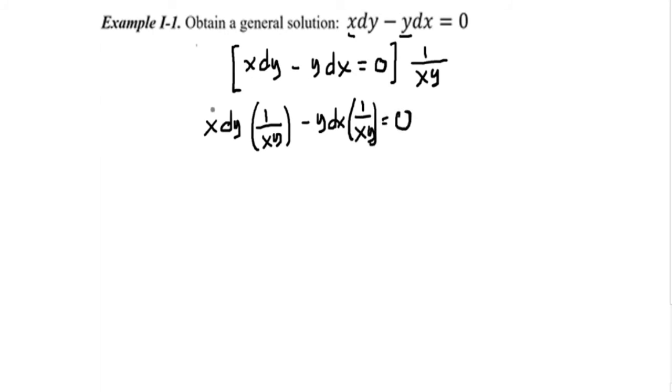Here you can cancel now x, so the remaining is dy over y, then minus, here you can cancel y, then you have dx over x is equal to 0. This time, the dy has only variable y and the dx has only variable x. Now we are going to integrate the terms in the equation.